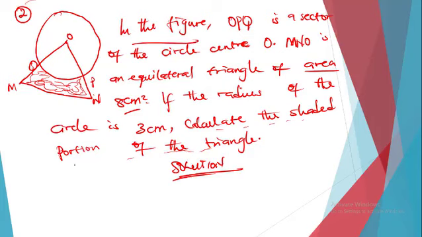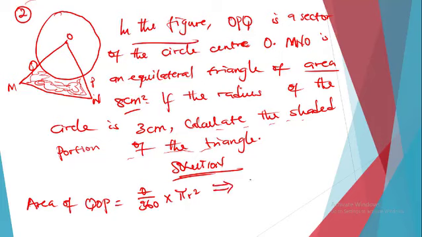Okay, let us start. The area of sector QOP is equal to theta over 360 times pi r squared.